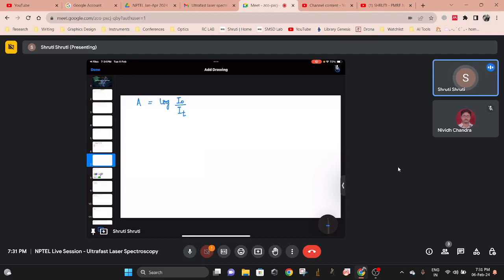Let's write IT for transmitted intensity. The transmitted intensity will be the total intensity shined upon the sample minus the absorbed intensity. This is log to the base 10, so I can write it like this, taking the anti-log.